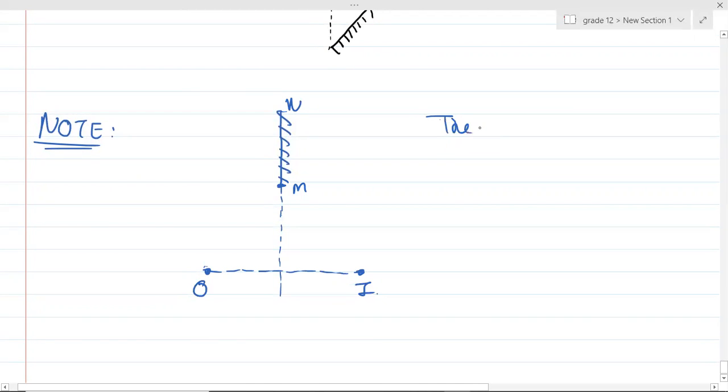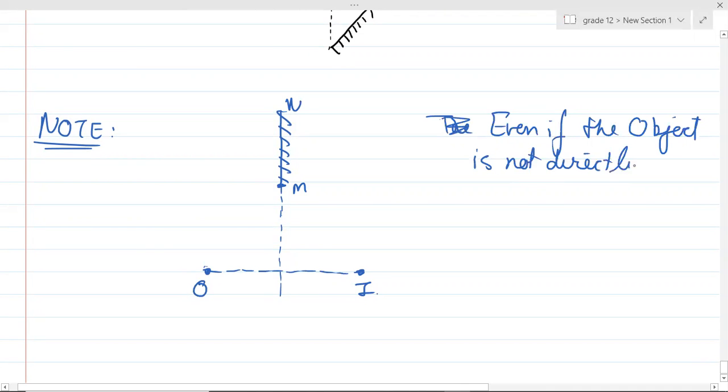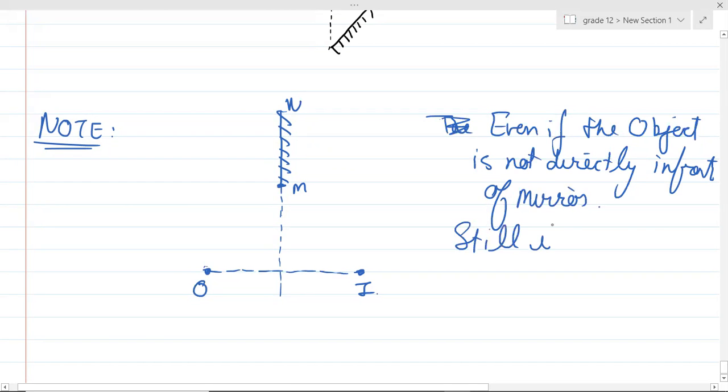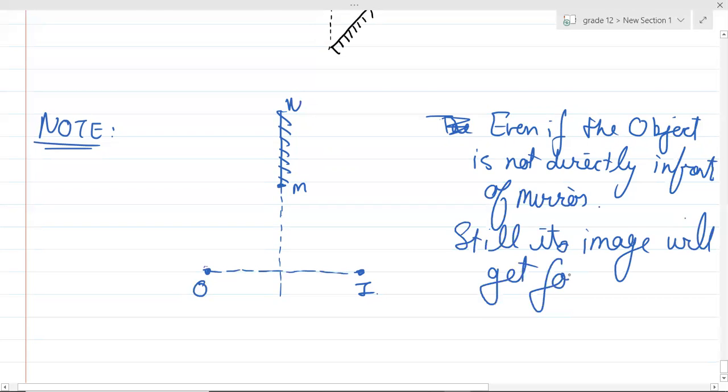Even if the object is not directly in front of the mirror, still its image will get formed in the mirror.